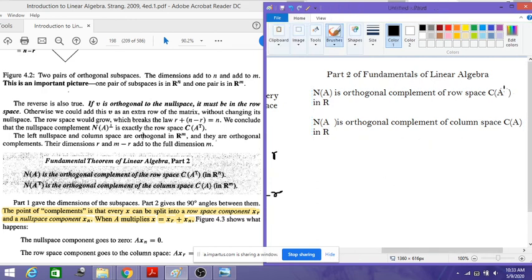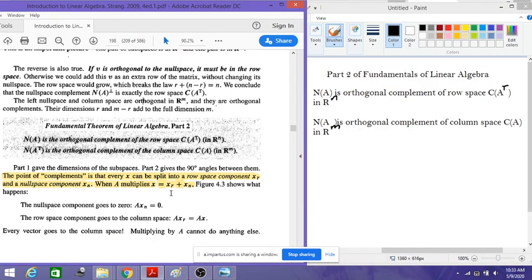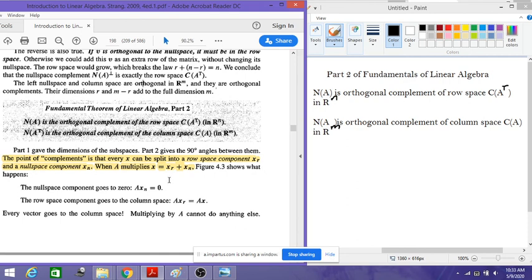So let me complete: this is C of A transpose in R power n, and this is in R power m. Now we have seen part 1 and part 2. Part 1 gives the dimension of the subspaces, and part 2 gives the 90-degree angle between them.